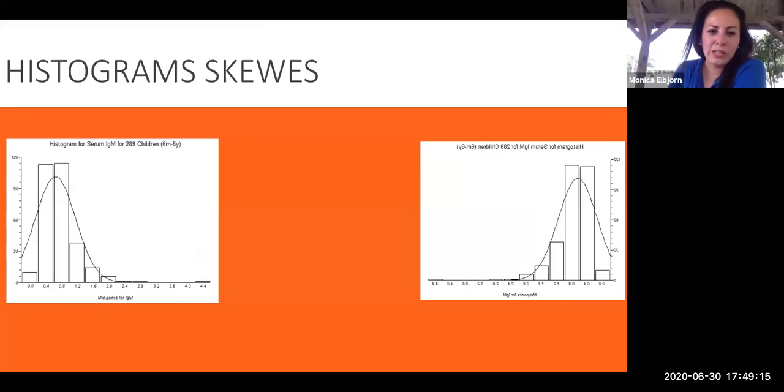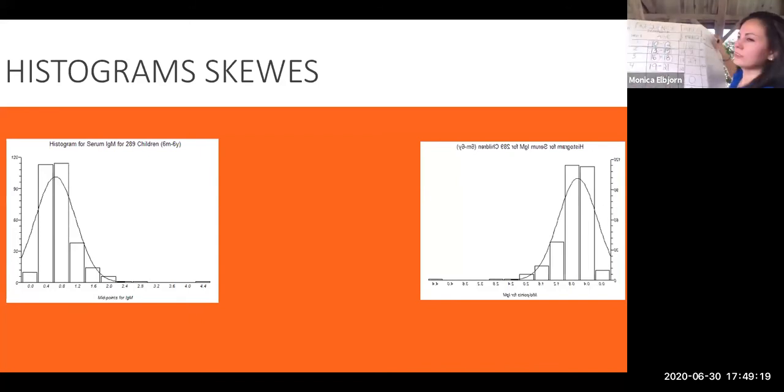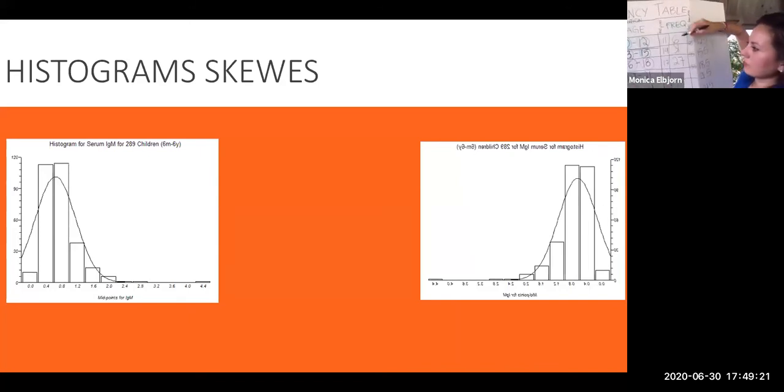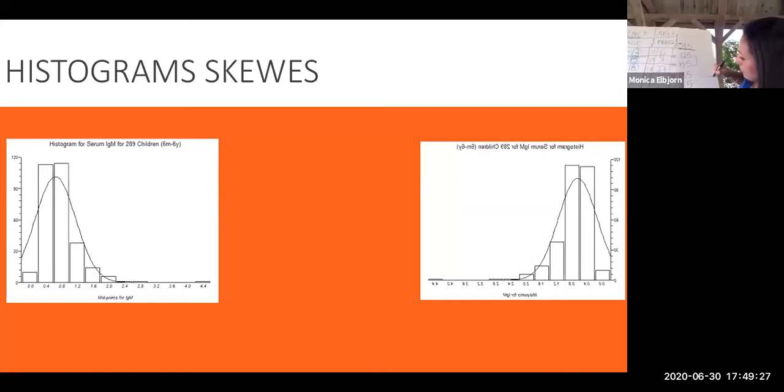So for example, you can see on this frequency graph that most of our students are between here. That graph is going to look like that, with most of our students right here if we graph it.